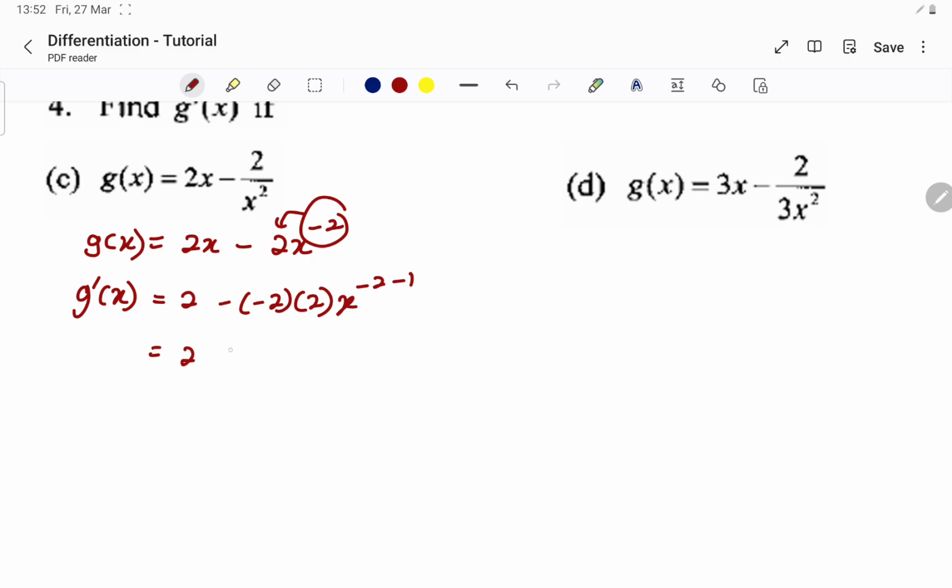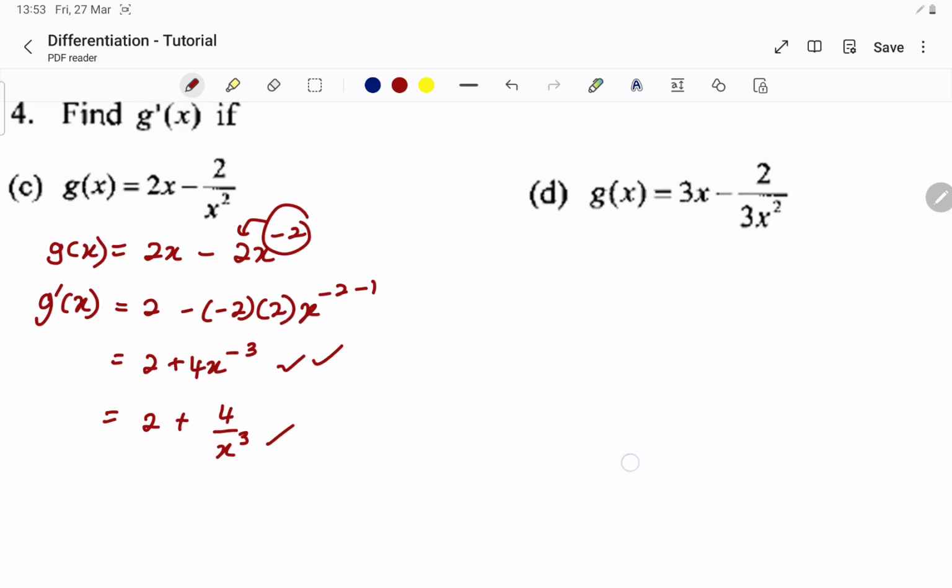Then here you're going to get 2, and then you will get plus 4x to the power of negative 2 minus 1 becomes negative 3. So this is your final answer, or if you want to make it prettier, you're going to get 2 plus 4 divided by x cubed. Okay, this one also correct, this one also correct.